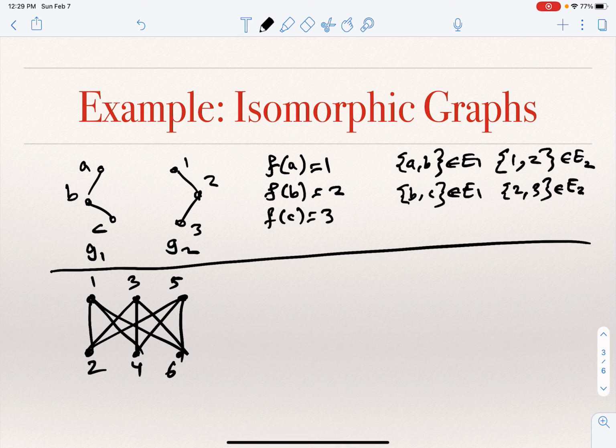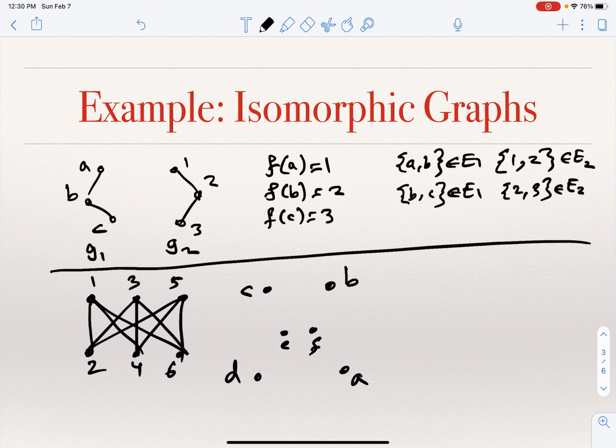And let's look at another graph here, and let's label this, let's say A, B, C, D, E, F.